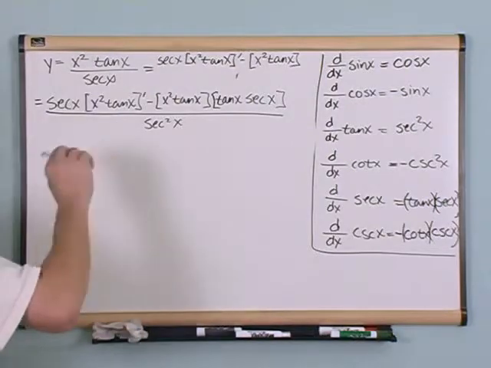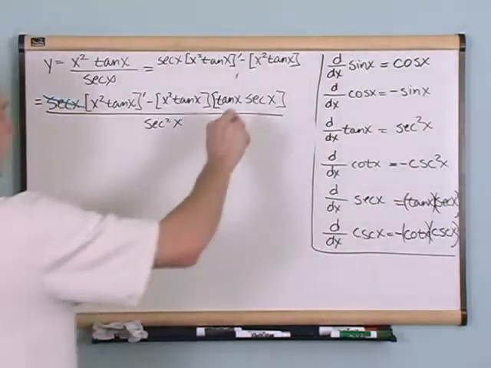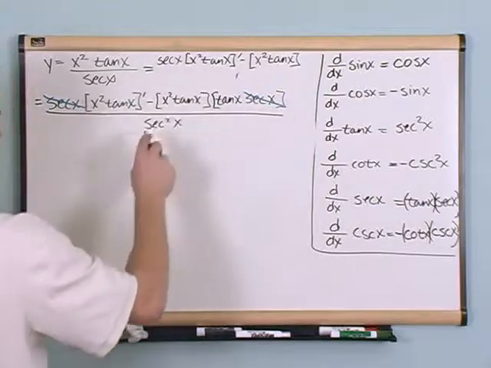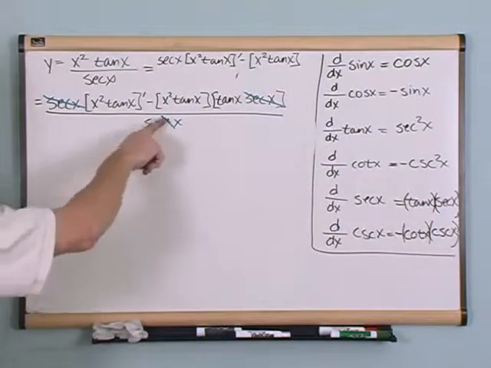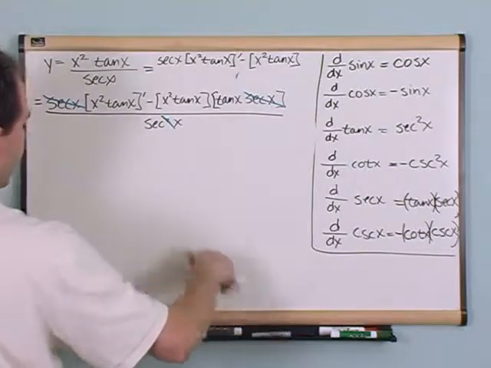So, what I know is that both of these secants cancel with only one of the secants on the bottom, and that's why I've just scratched out the 2, because I still have one secant left over.